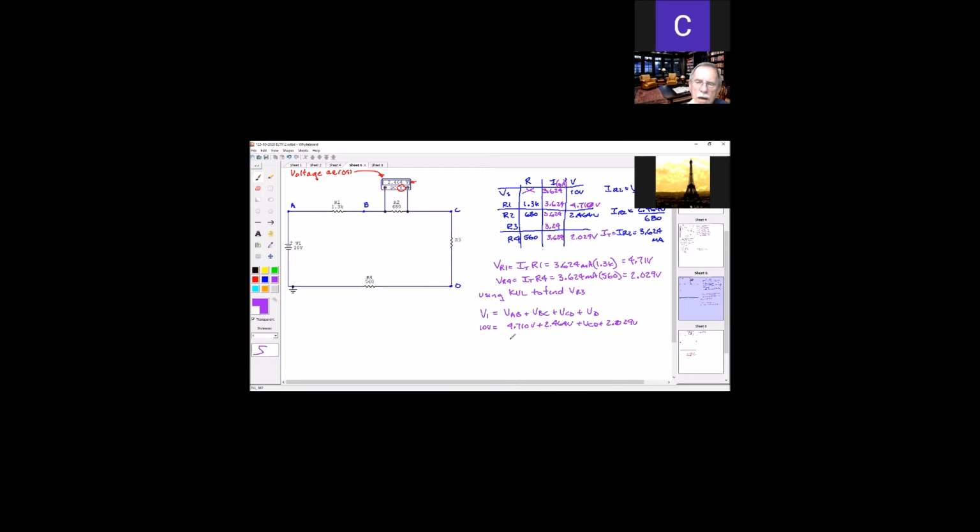And when you do the math, VCD is going to be 10 minus 4.71 minus 2.464 minus 2.029.